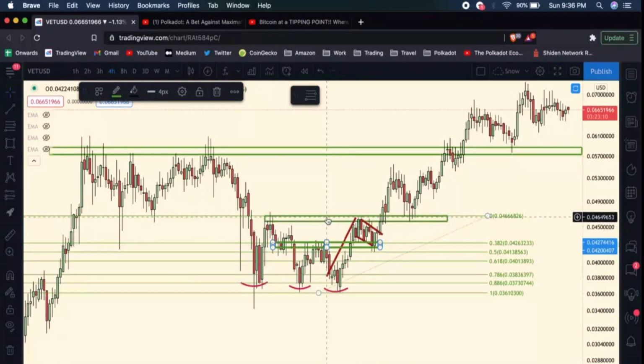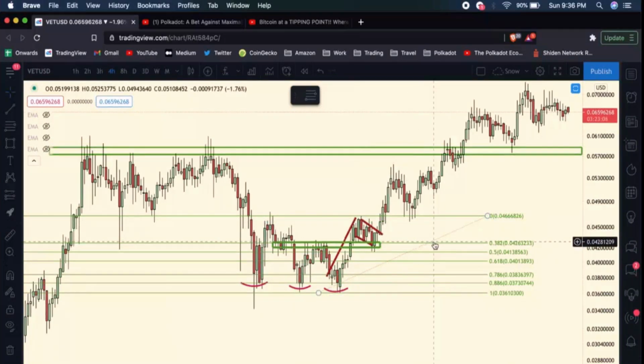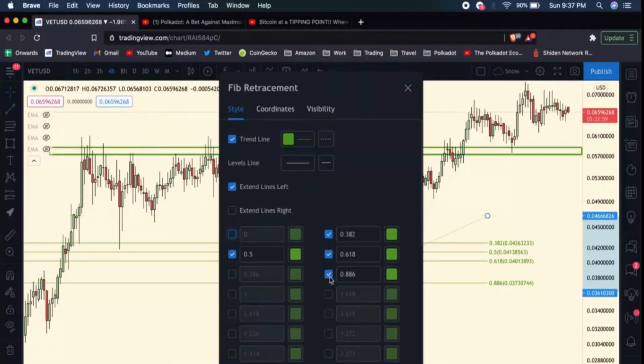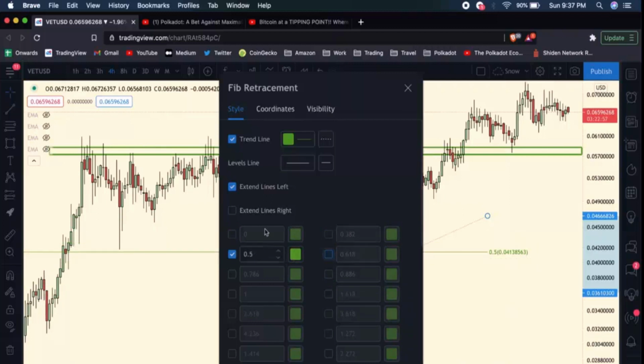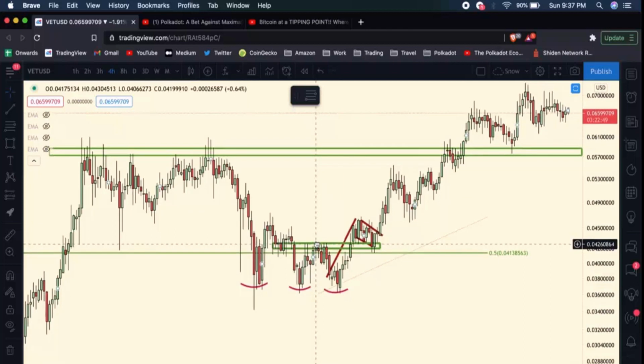And so now that level, let me clear this up here, that level is acting as support, right? What I like to do is just show the level that we are respecting, so I'm going to do it like this, because we bounced off the 50 and we found support at the neckline of this double bottom.